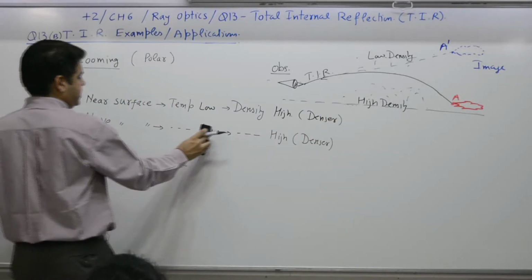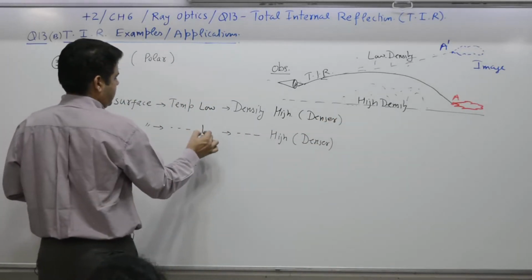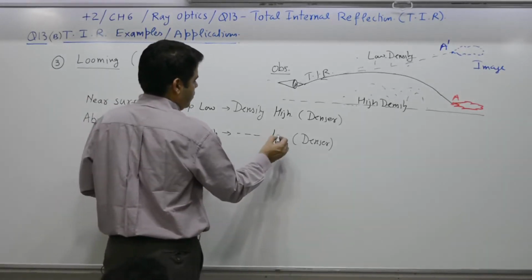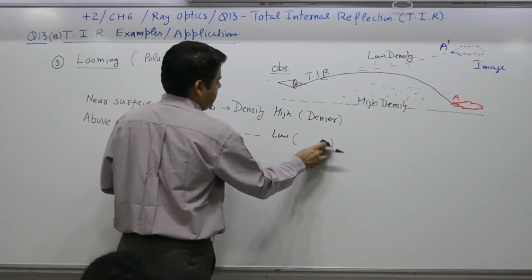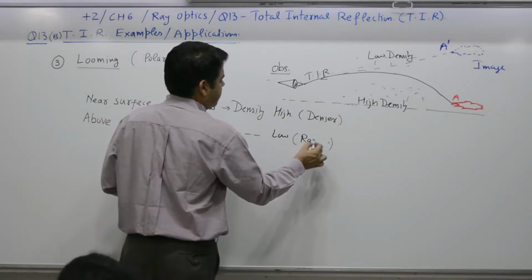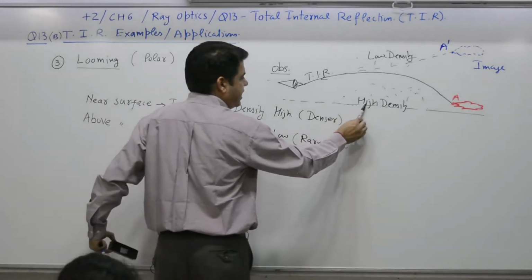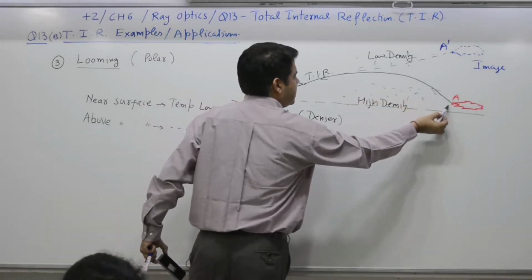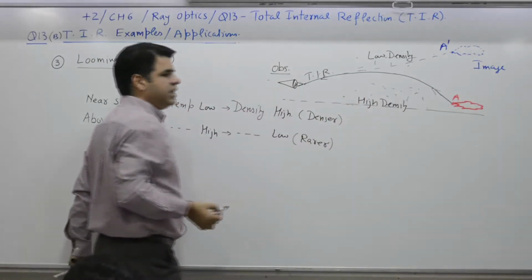Above the surface, temperature is high, density is low, medium is rarer. Simple. When the ray is moving from denser to rarer, that is why TIR takes place.